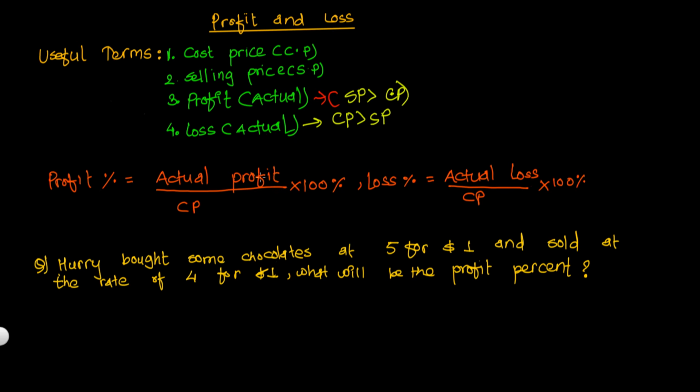What percent of your cost price did you gain, or what percent of your cost price did you lose? So whenever we are trying to get profit or loss percent, we will get it in terms of cost price or CP. So these are a few useful terms you need to know in order to proceed further in our course of profit and loss.